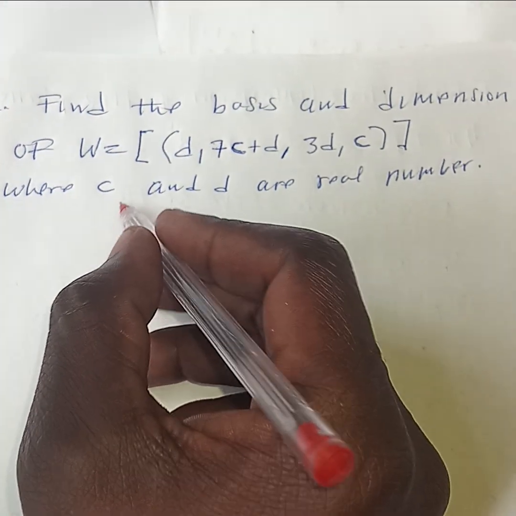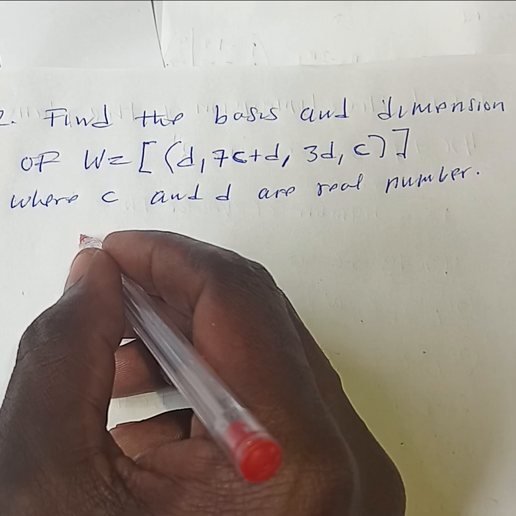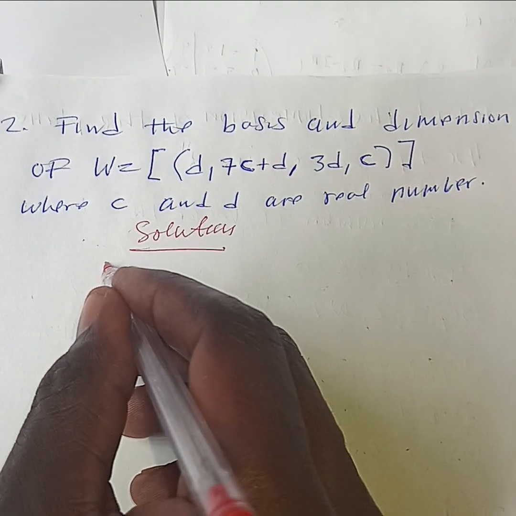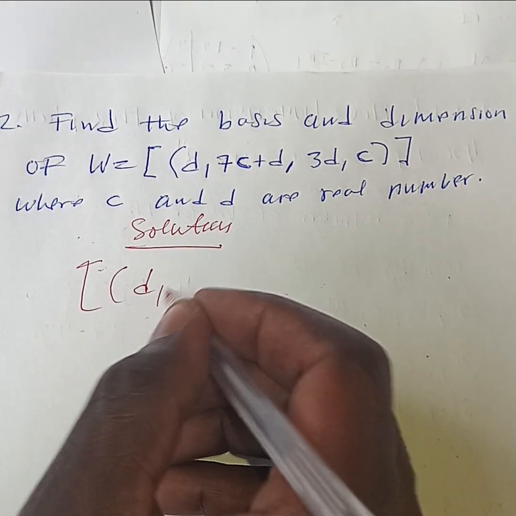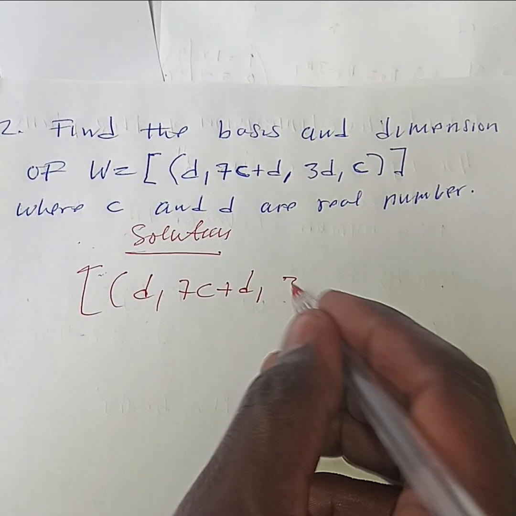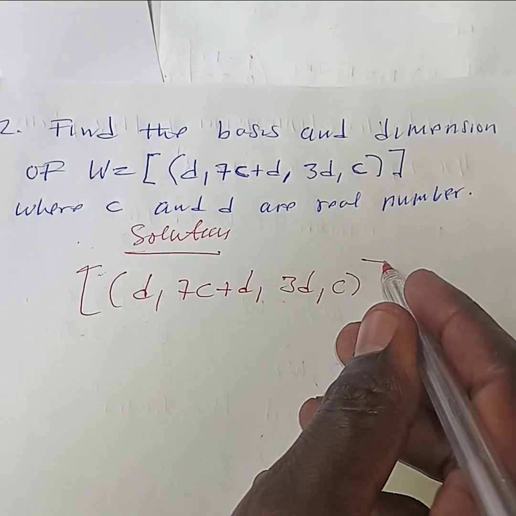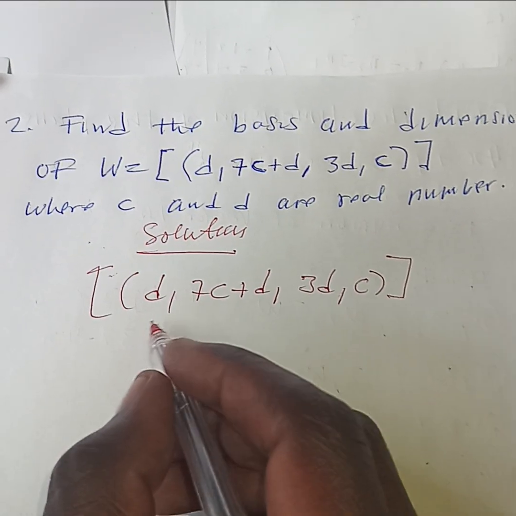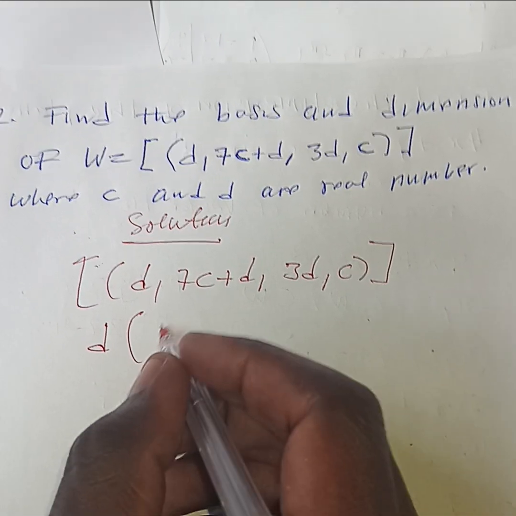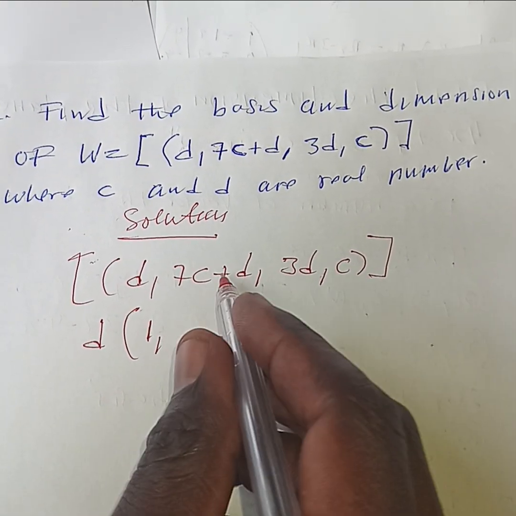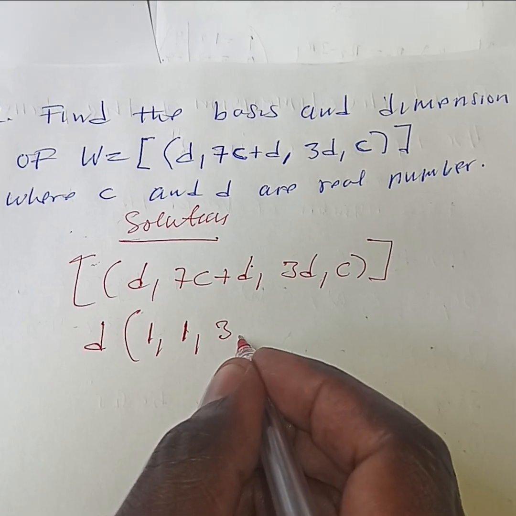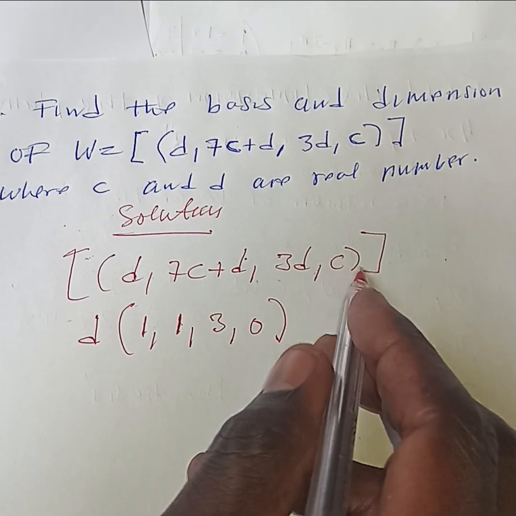Solution: we have D, 7C plus D, 3D, C. To find the bases, we first factorize D. We get 1, 1, 3, 0, because there is no D in the last entry.